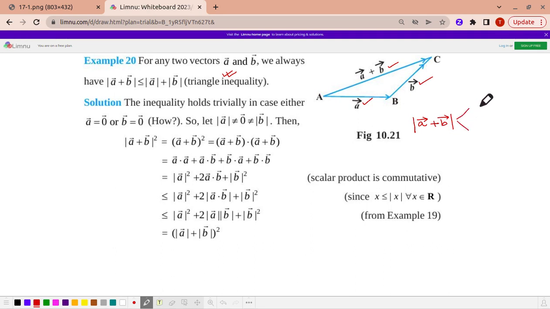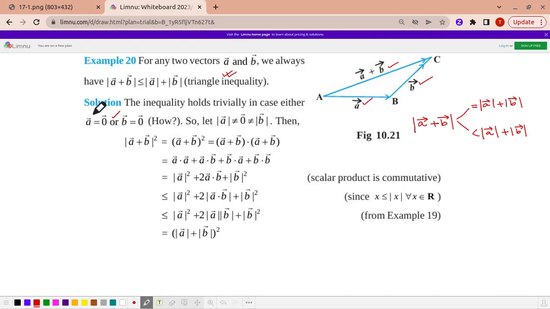One is that it is equal to mod A plus mod B, and the other is that it is less than mod A plus mod B. So there are two things, one equal and one less than. When will it be equal, dear students? When any one of the vectors is a zero vector. It can happen that both are zero, so that's why we use the word or here.